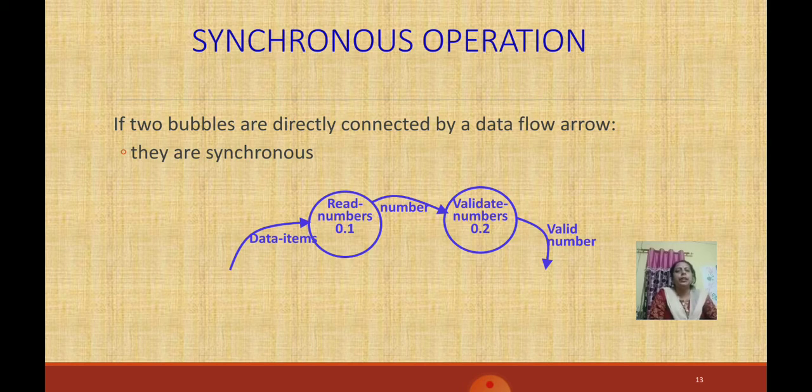Like in this example, read number goes directly to validate number, to check the number. From the read number process the data goes directly to the validate number process. So when two functions are directly connected through the data flow arrow, that is known as synchronous operation.